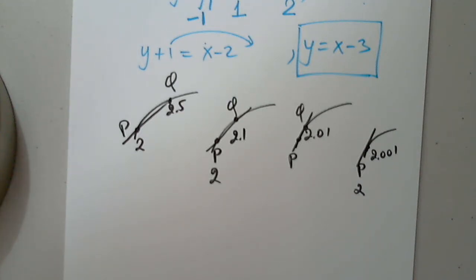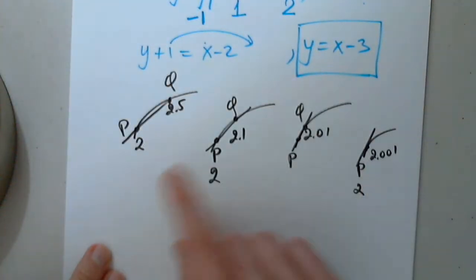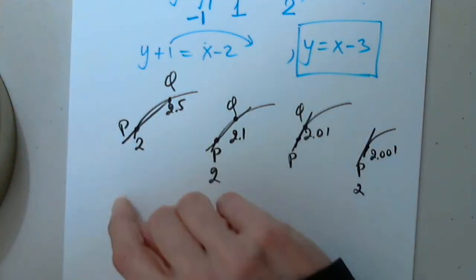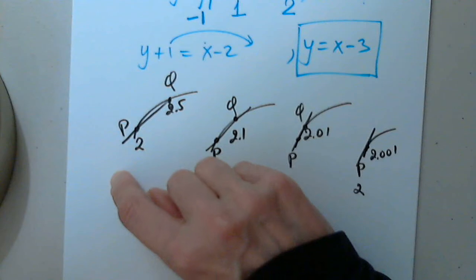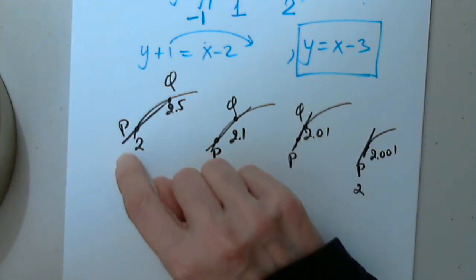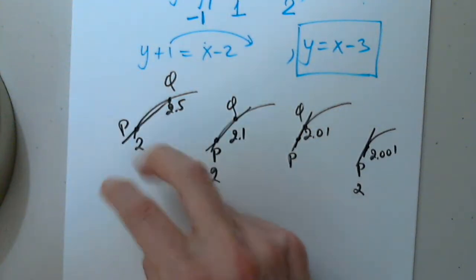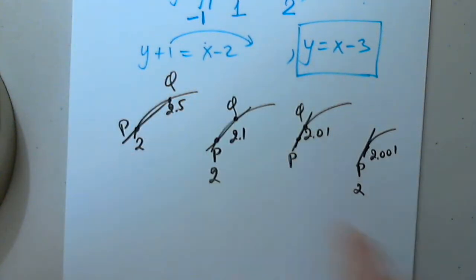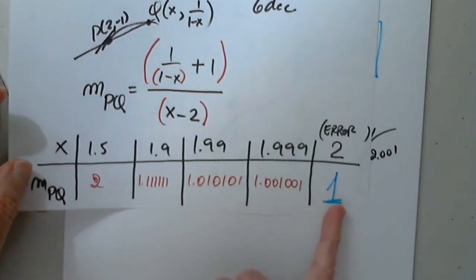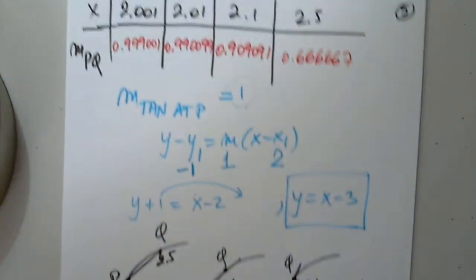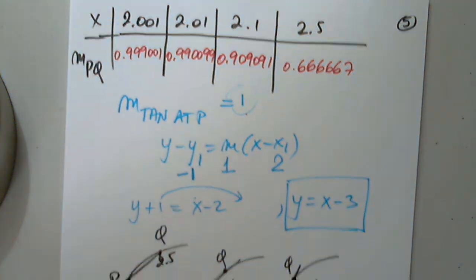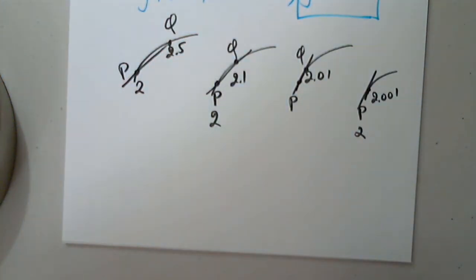Okay. And we did this from either side. We also came from 1.5 to 1.9, 1.99, 1.999. So we did this on both sides, not just on one side. We came from 1.5 to 2, and we also came from 2.5 to 2, from both directions.